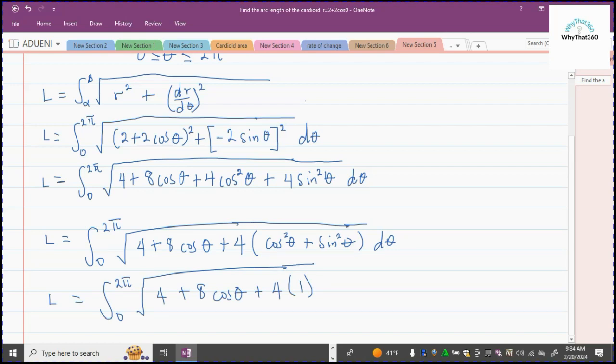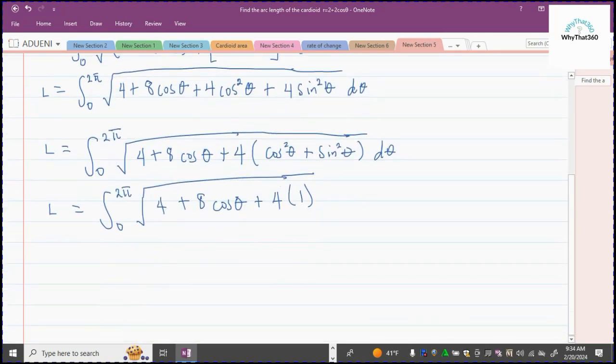If we are to continue, we will get the length to now be equal to the integral from 0 to 2 pi of the square root of 4 plus 8 cos theta plus 4.